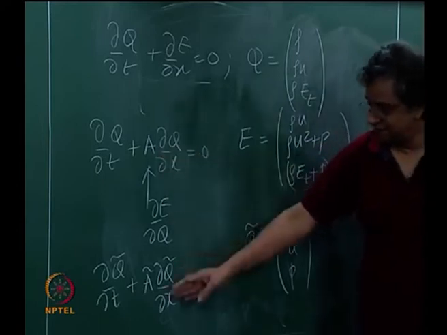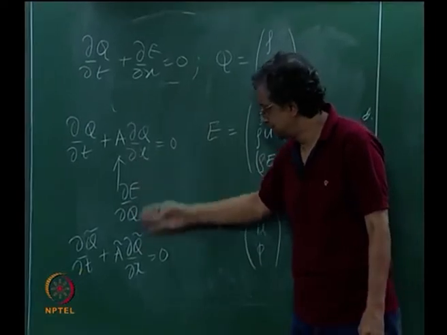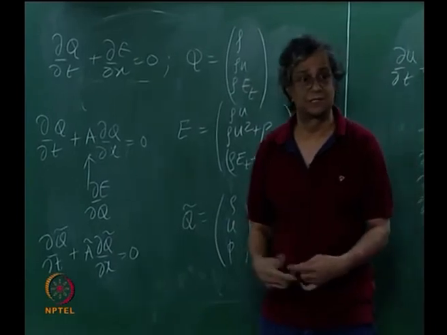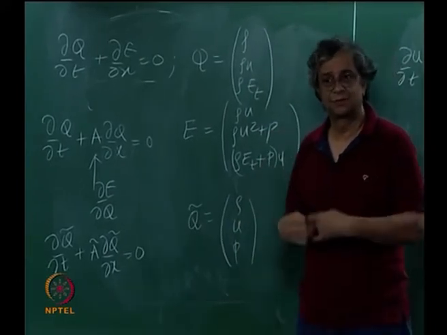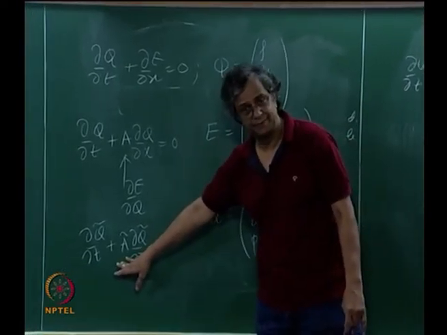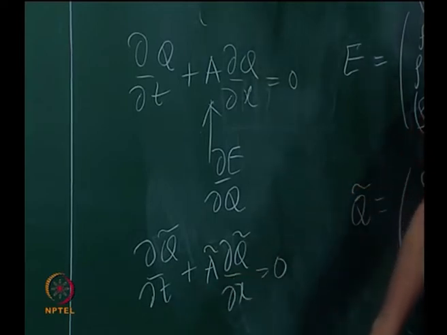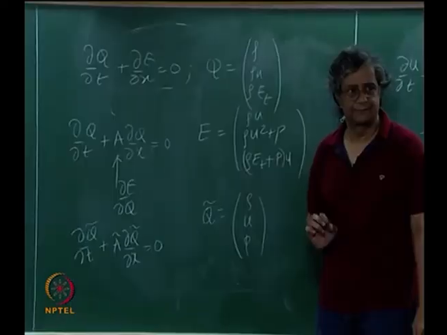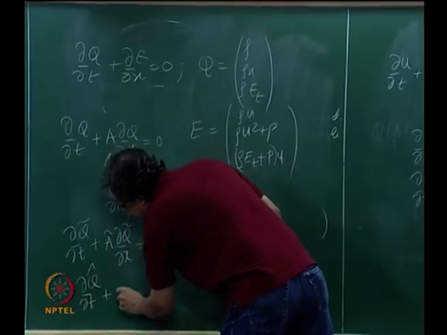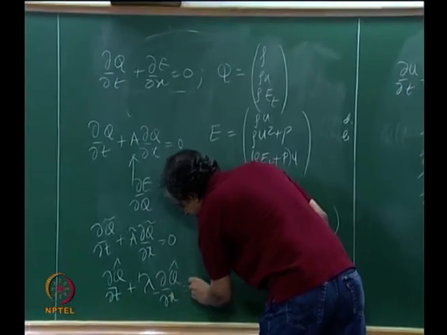Then we said, hey, wait a minute, I can relate these two to each other with a similarity transformation. I can transform this equation to this equation, and A and A tilde will be related through a similarity transformation. Then we asked ourselves the question, is there a transformation that will diagonalize the matrix, right. If you use the modal matrix of A or of A tilde, the matrix made up of eigenvectors, then it is actually possible to diagonalize it, and we got the characteristic form, where the system of equations was diagonalized and decoupled.